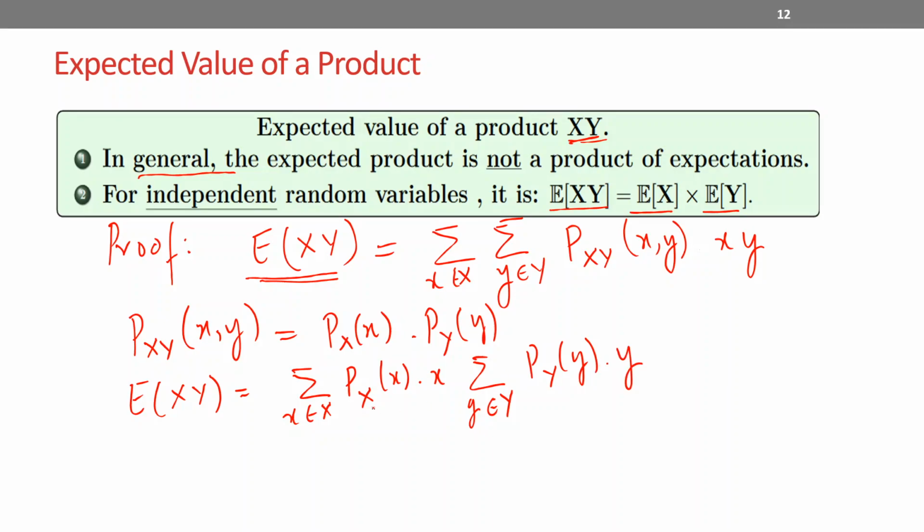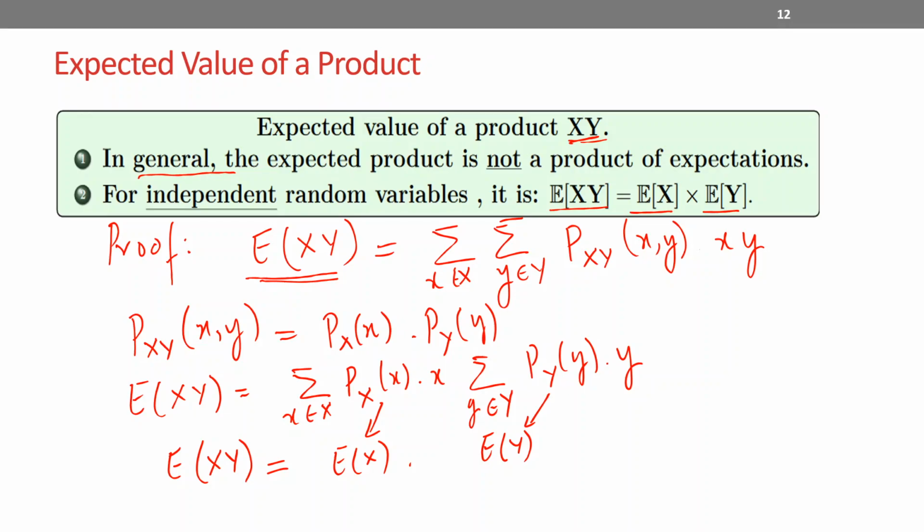By definition, this is the expectation of X, and this is the expectation of Y. So the joint expectation for X and Y is E[X] times E[Y]. This holds for all independent random variables.